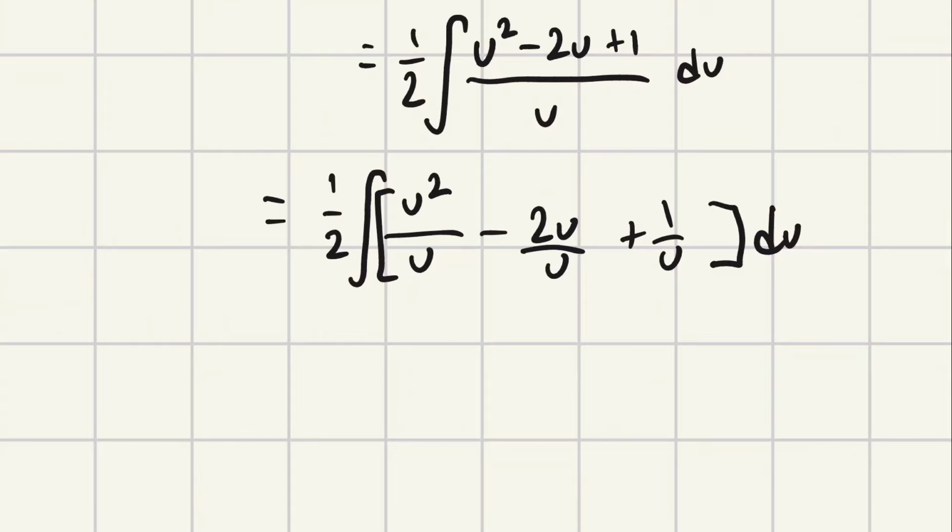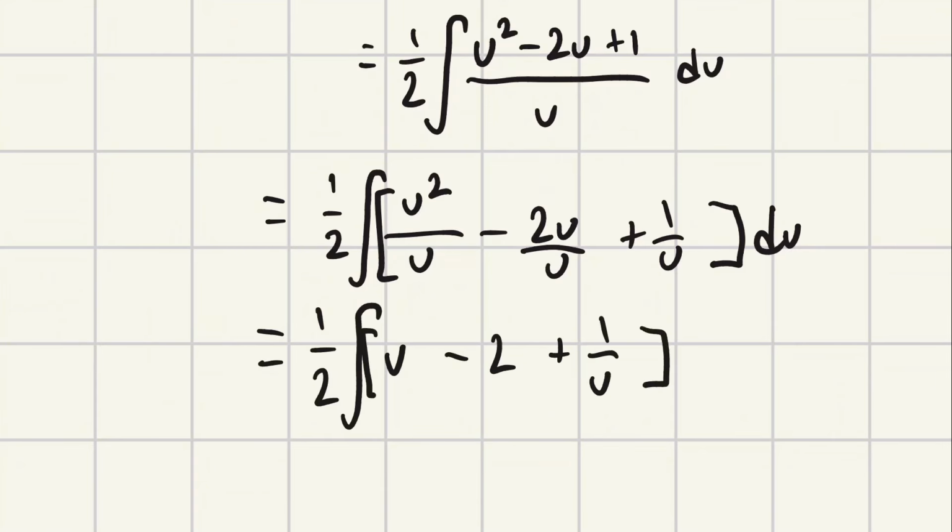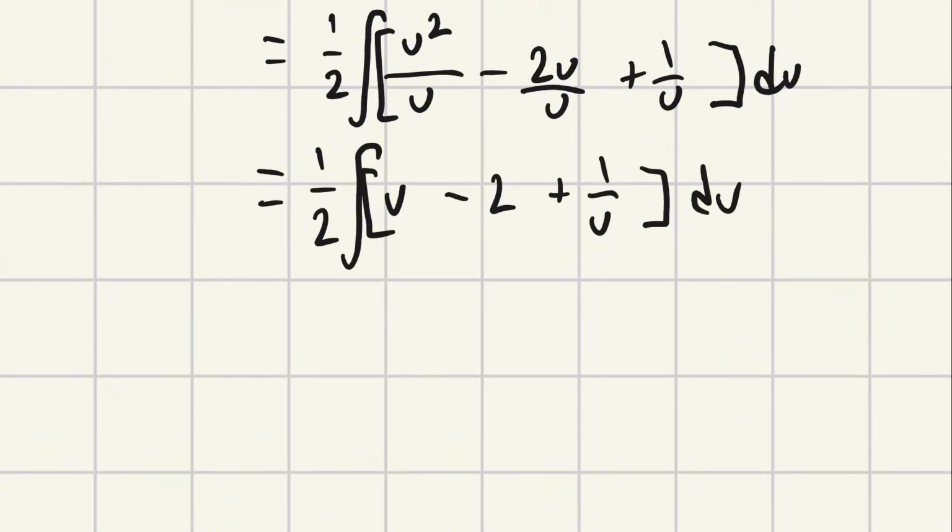And now what you can do is cancel out anything that you can inside of your integral. u squared over u becomes u. 2u over u becomes 2. 1 over u stays as 1 over u. And now we can integrate, right?